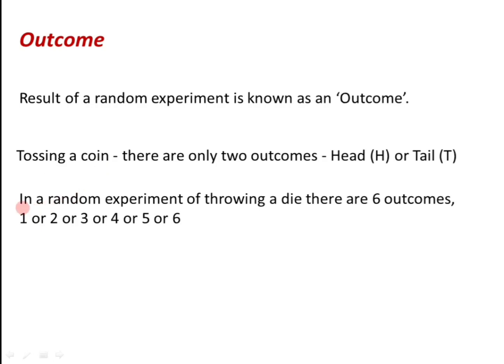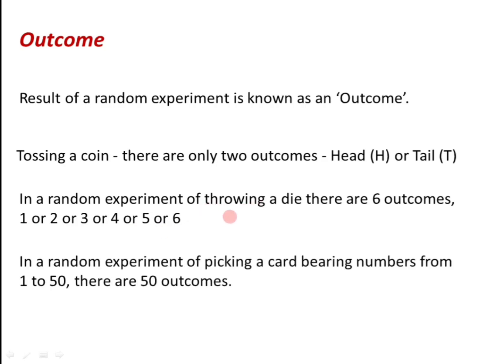If we have another example, in a random experiment of throwing a die, there are 6 outcomes. On the upper face, we can get 1 or 2 or 3 or 4 or 5 or 6. Any number amongst all these we can get. That's why these are called outcomes of the random experiment of throwing a die.